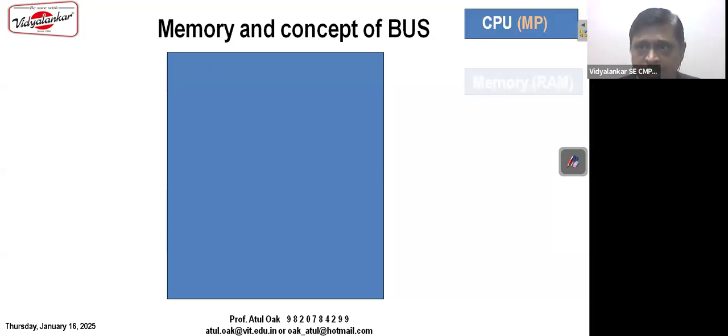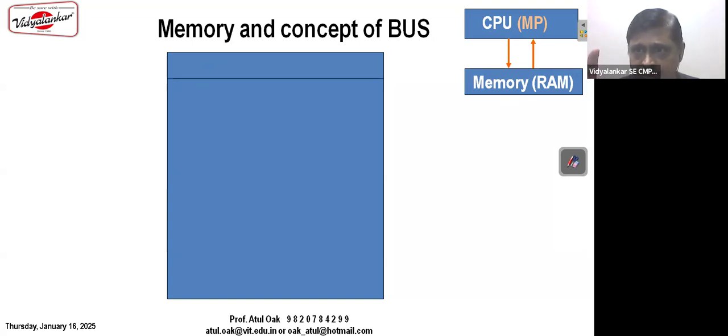And on the other side, there is a microprocessor and a memory called RAM for our reference. This blue box is a memory called RAM, which I'm going to explore, because I want you to have a very clear understanding of buses. Then only can you think of the microprocessor subject.